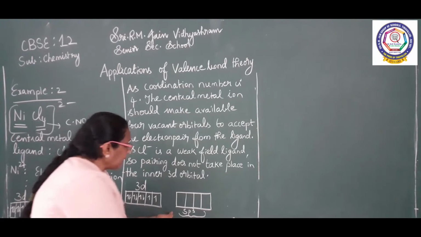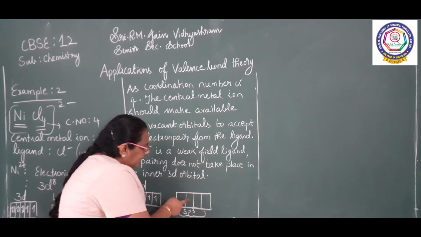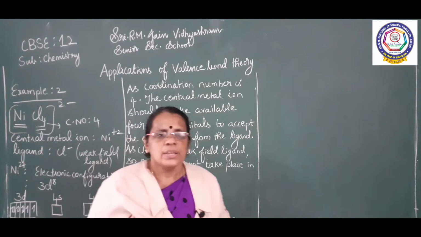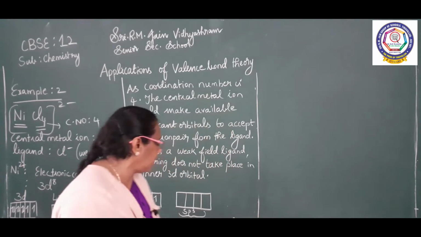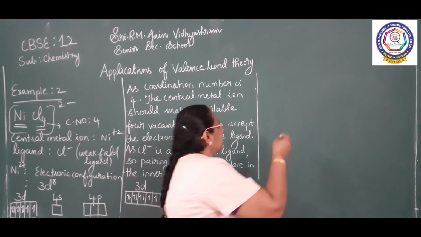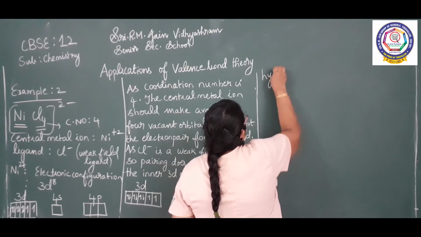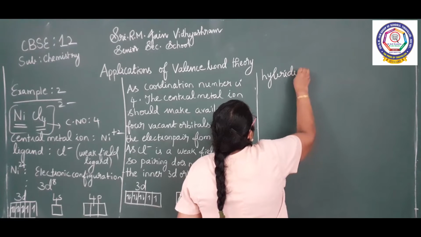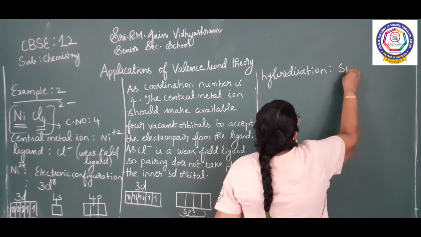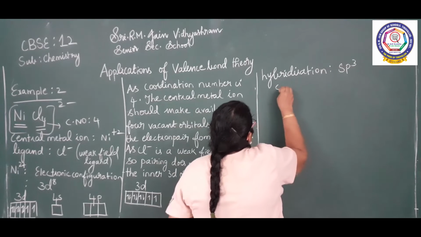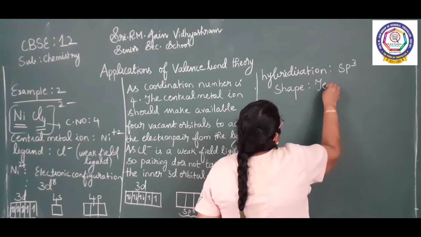How many empty hybrid orbitals are available here? 1, 2, 3, 4. One is from the s orbital and the other 3 are from the p orbitals. So what is the hybridization? sp3 hybridization. And if it is sp3 hybridization, what will be the shape? Tetrahedral.